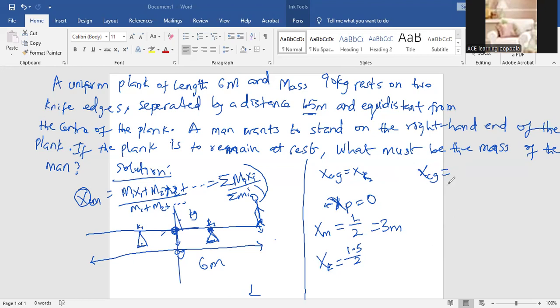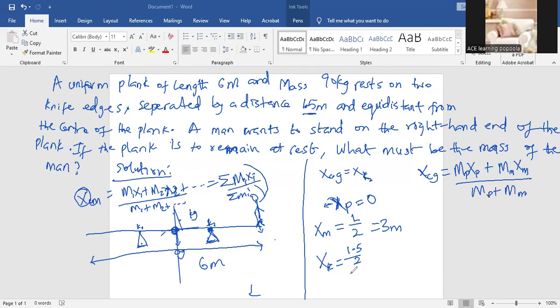So the mass of the plank, let's use MP, times XP, plus the mass of the man times XM, divided by MP plus MM.